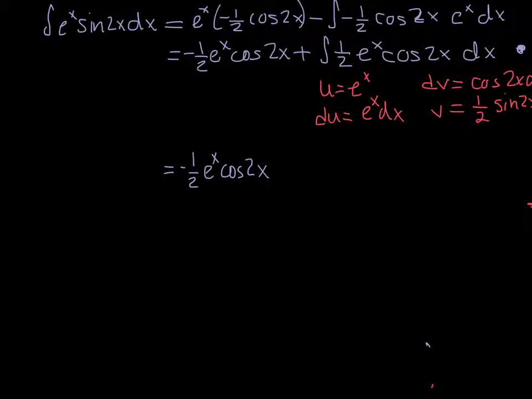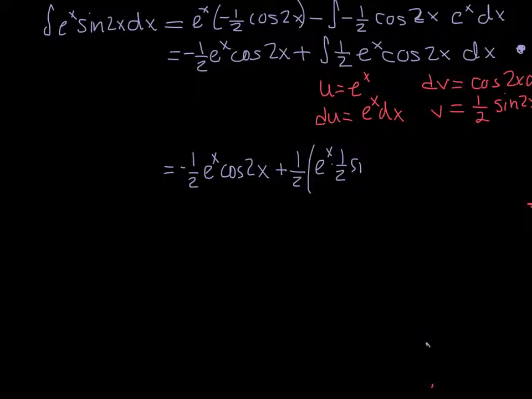So let's continue. That will be plus, and then I'm going to use parentheses in order to avoid mistakes. But before that, let me go back a little bit. I'm going to write the constant 1/2, and then I'll write the parentheses. Now, remember to multiply u times v.